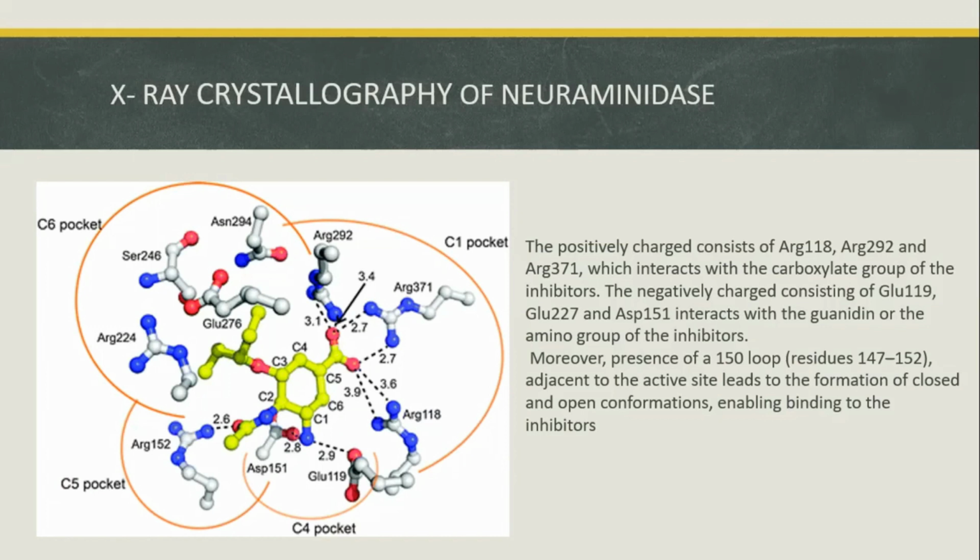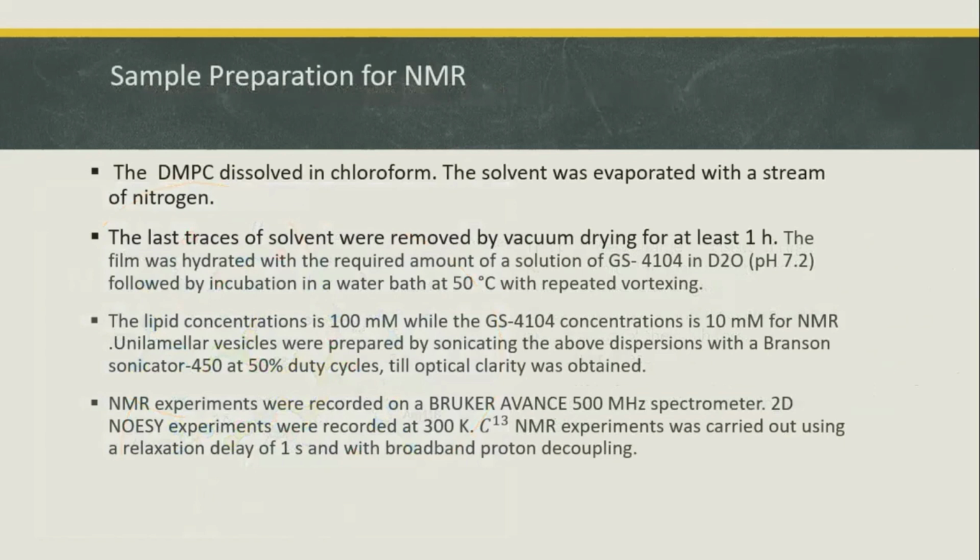We also identify the presence of a 150 loop, residues 147 to 152, adjacent to the active site, which helps the binding of the inhibitor. Next, I would like to discuss the NMR analysis for our drug, oseltamivir, with the neuraminidase.